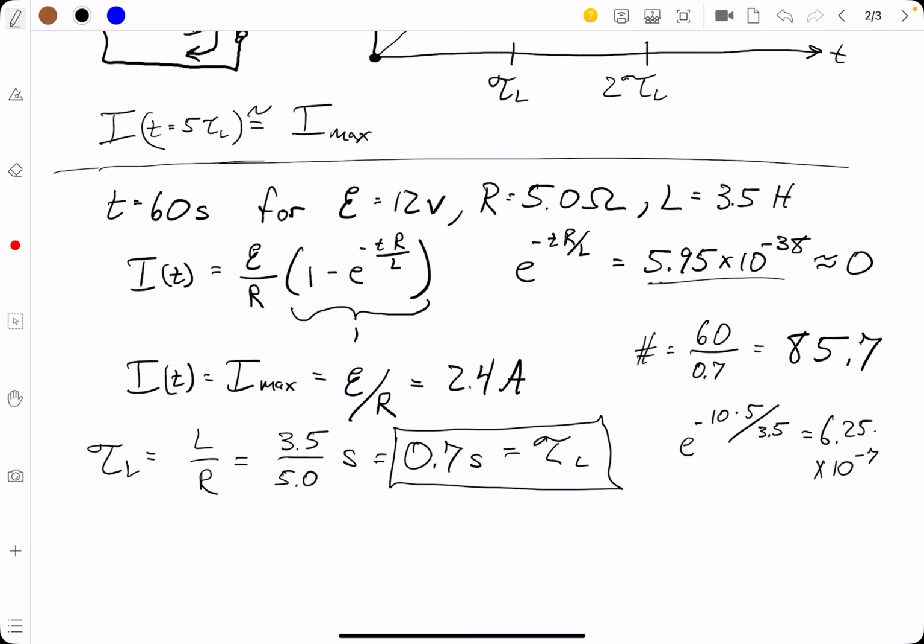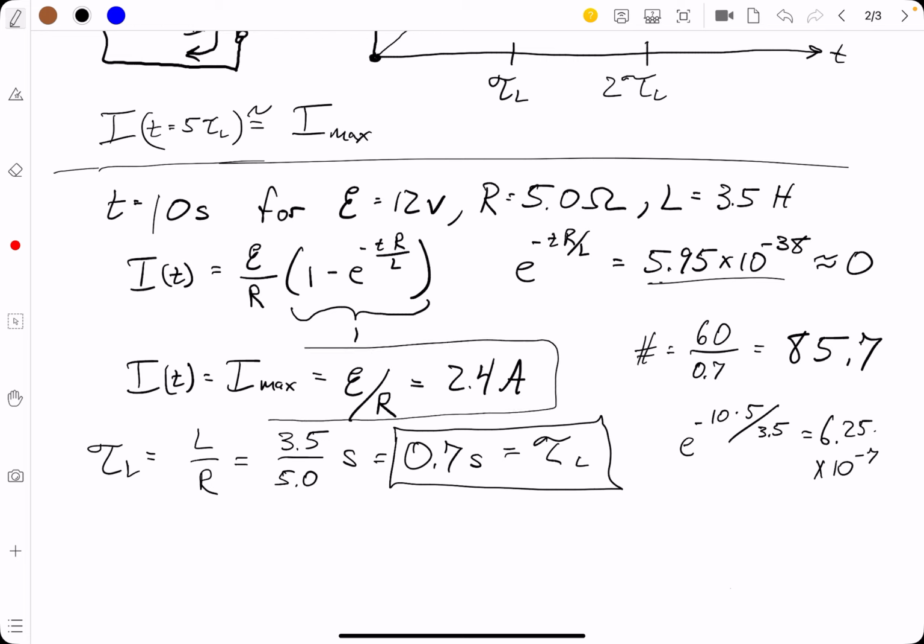So after just 10 seconds we basically are sitting at I max, right? Your computer or your calculator might give you, if I make that negative and add 1 to it, 0.99999375. That's basically 1. So 10 seconds is all we really need, and we're still going to end up with 2.4 amps.